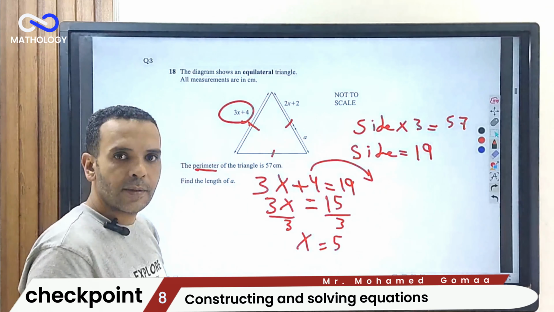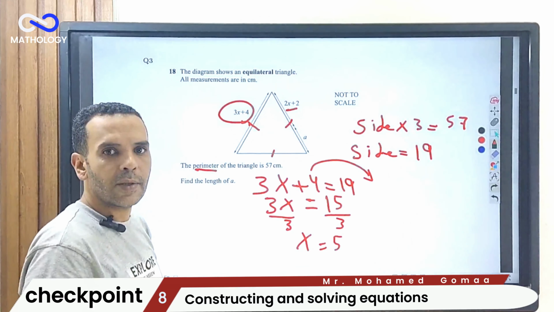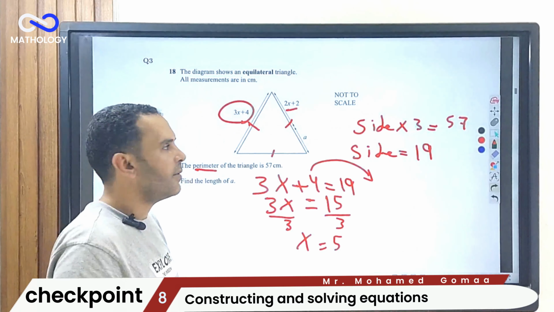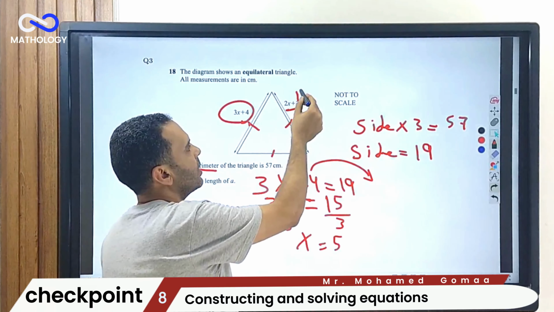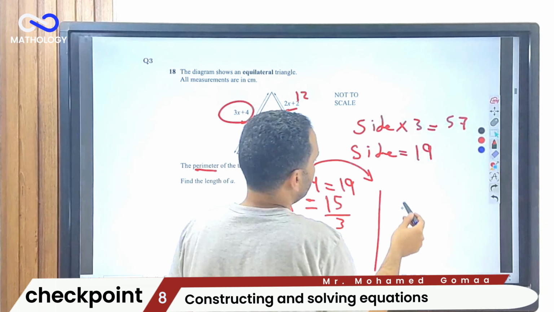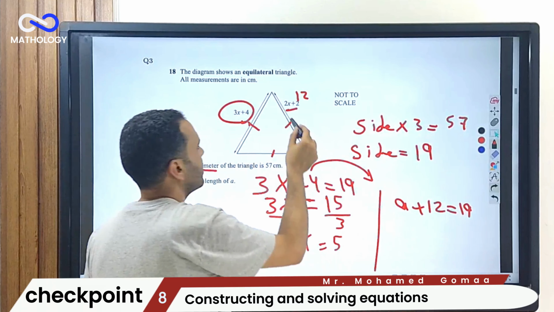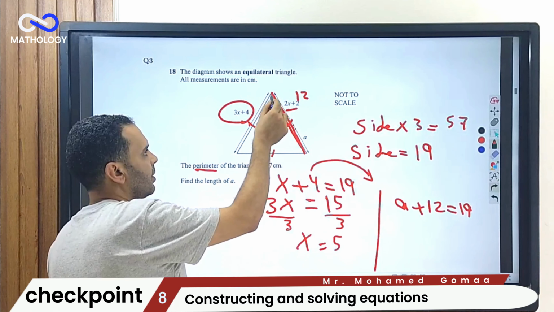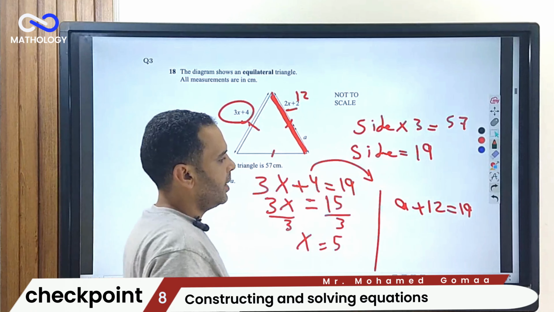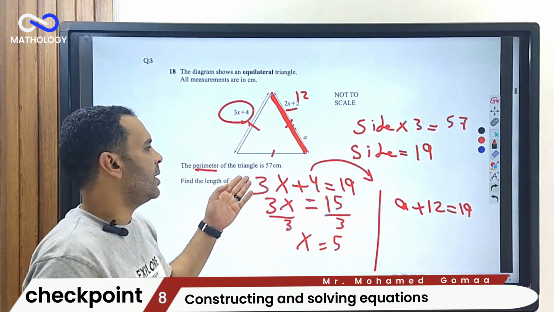If we have x, you can get 2x plus 2. x equals 5, so 2x means 2 multiplied by 5 equals 10. 10 plus 2 equals 12. Okay, also a plus 12 equals 19, because this side is a plus 12. We know that because the perimeter equals 57.